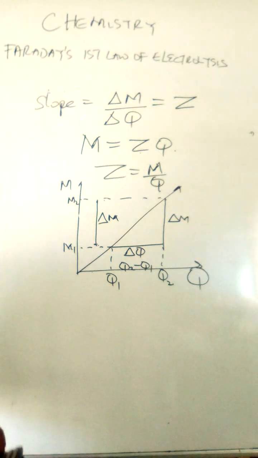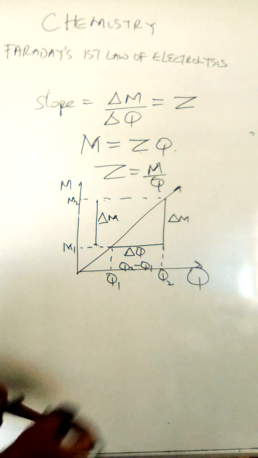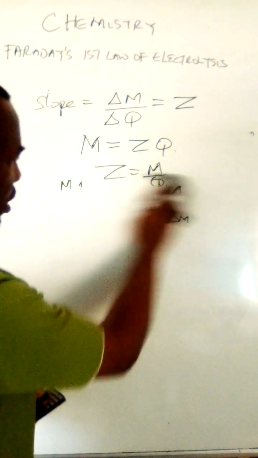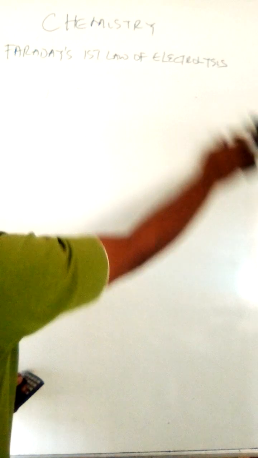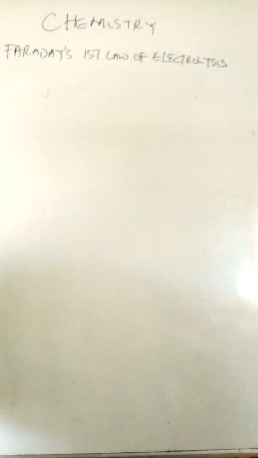So having understood Faraday's first law and the mathematical interpretation, we now look at the calculation involving Faraday's first law. In this tutorial, we are going to start working with balanced chemical equations. We want to get a formula that can take care of writing balanced equations to solve Faraday's first law.